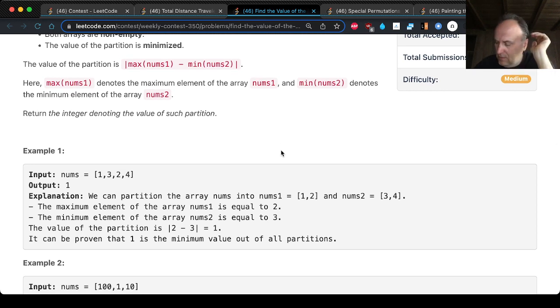Okay, so 100, 100, 1 and 10. So 0, 9, 99, 0.